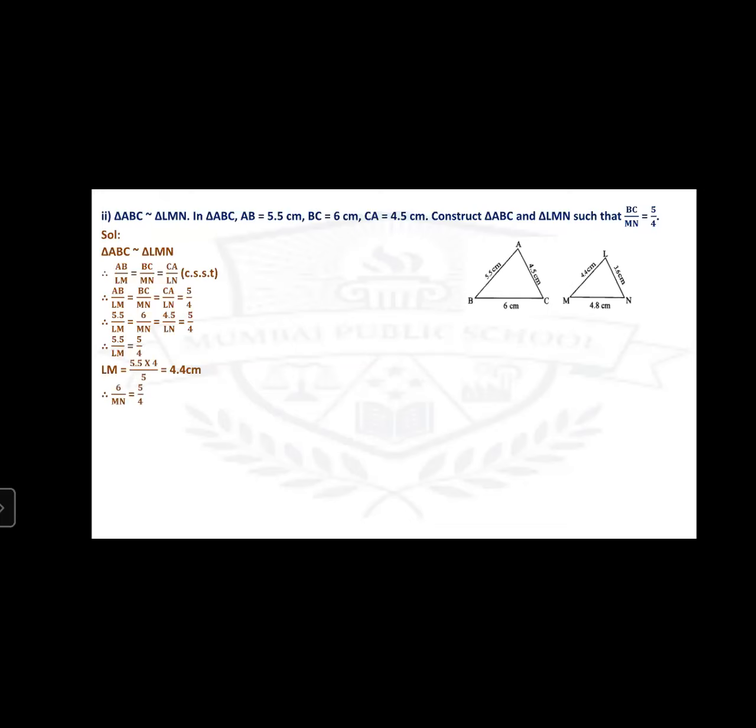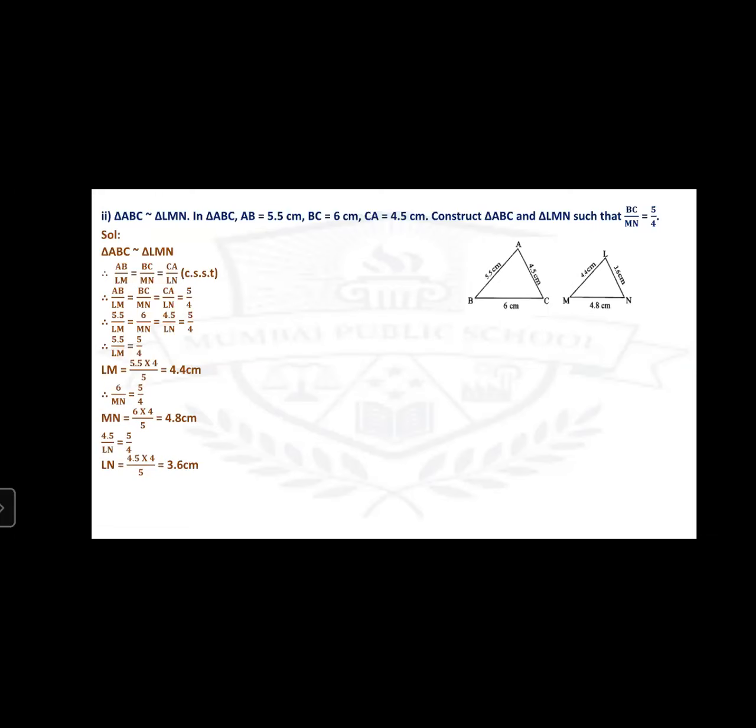So 6 into 4 is equal to 24, and 24 divided by 5 is equal to 4.8. So MN is equal to 4.8, and the third ratio, that is 4.5 by LN is equal to 5/4. Cross multiply, so we get 4.5 into 4 divided by 5, that is equal to 3.6. So in this way, we find the sides of the other triangle, that is LMN.